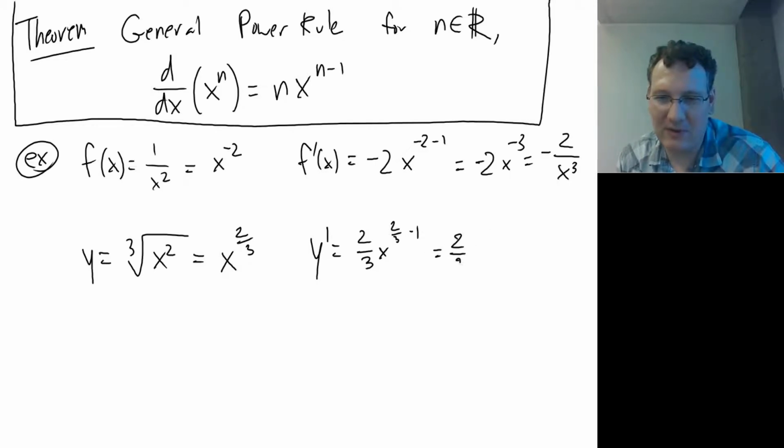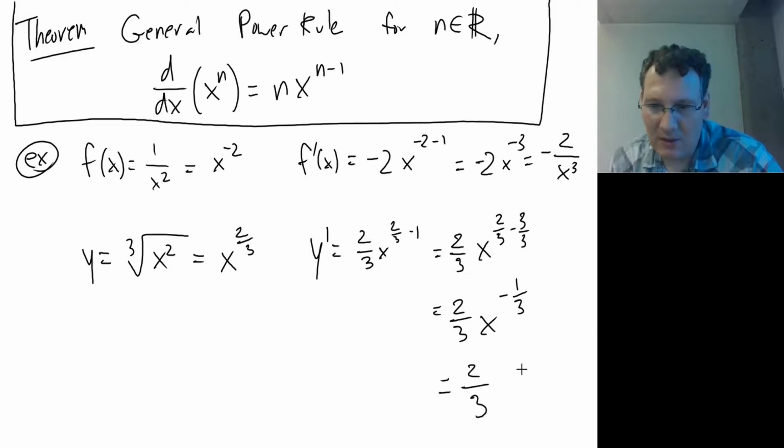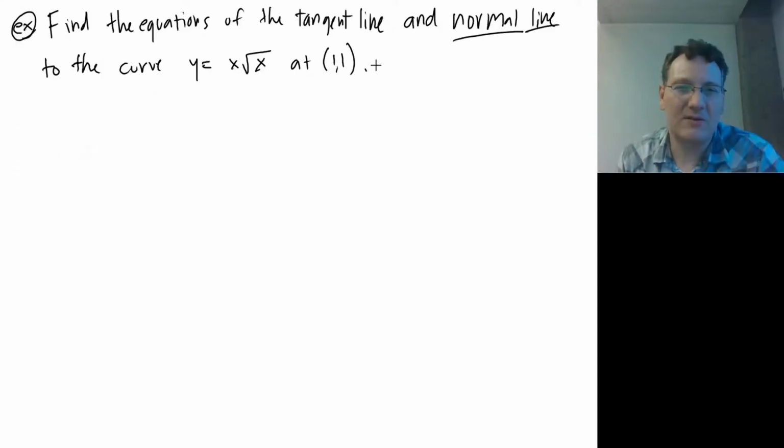Let's work that out: 2/3 x to the 2/3 minus 3/3, that's going to be minus 1/3. That's 2/3 x to the minus 1/3. What is that? That's 1 over the cubed root of x. Yeah, so there you go. You could multiply the numerator, and so you'd have 2 over 3 cubed root of x. But anyway, that's fine.